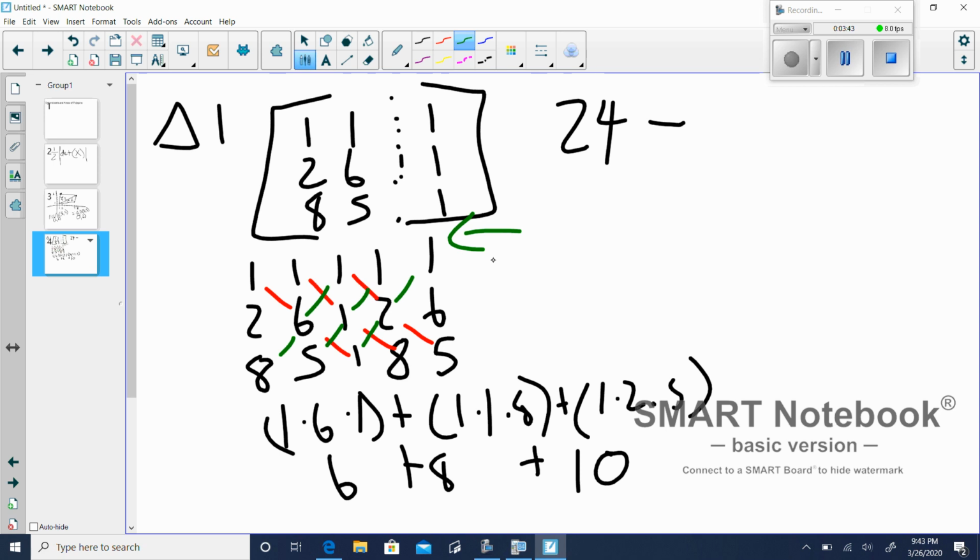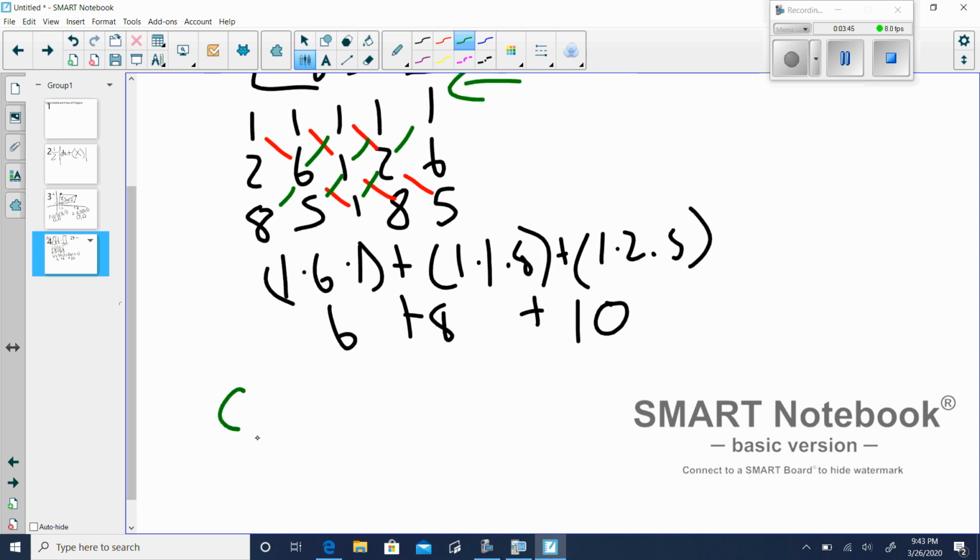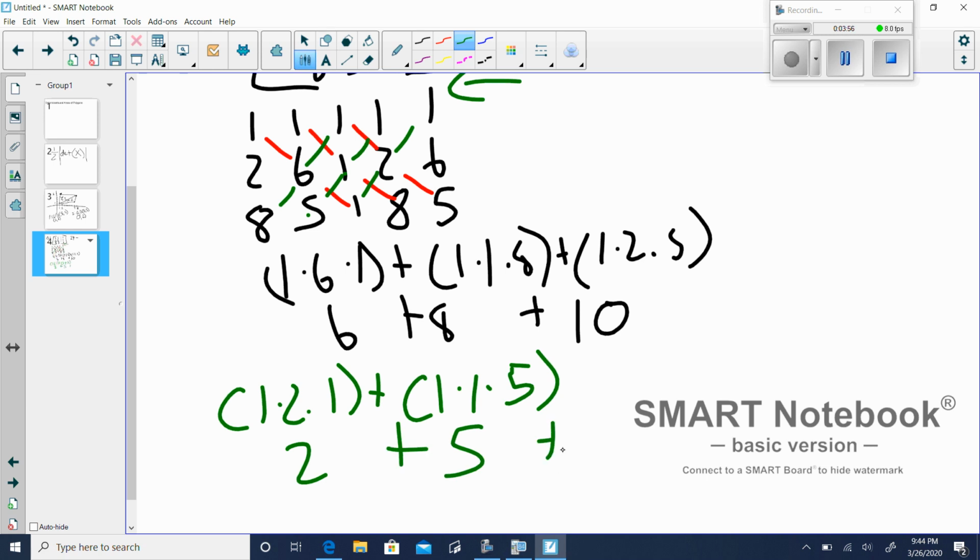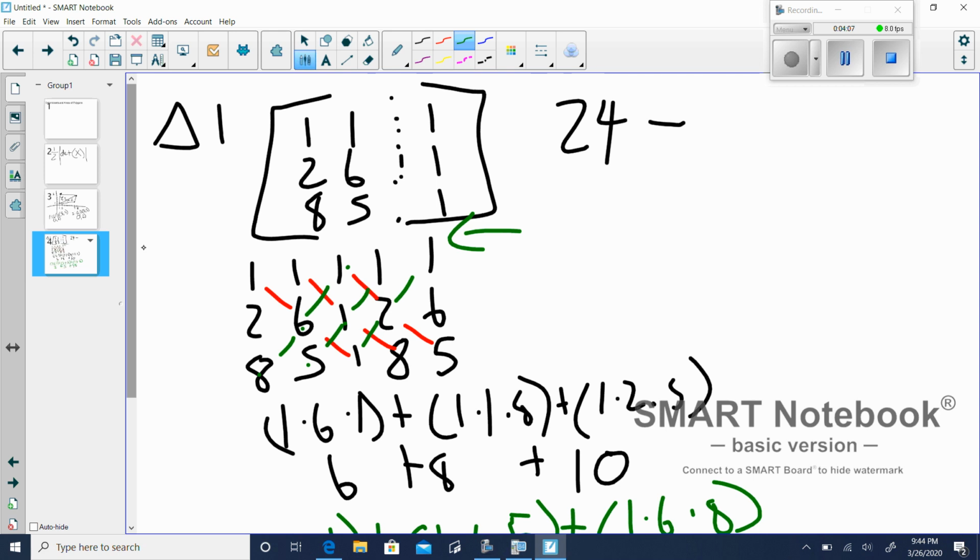So we have 1 times 2 times 1 plus 1 times 1 times 5, plus 1 times 6 times 8. That's 48. So 48 plus 7 is 55. 24 minus 55 is negative 31.